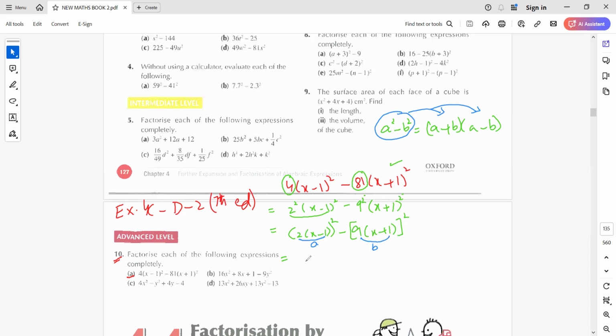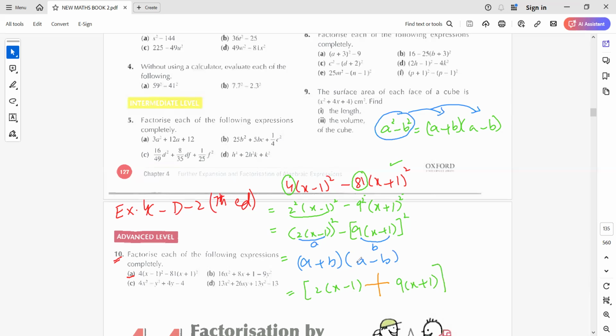So let me write it down as a plus b times a minus b. That means I write it down as 2 times x minus 1 plus 9 times x plus 1.